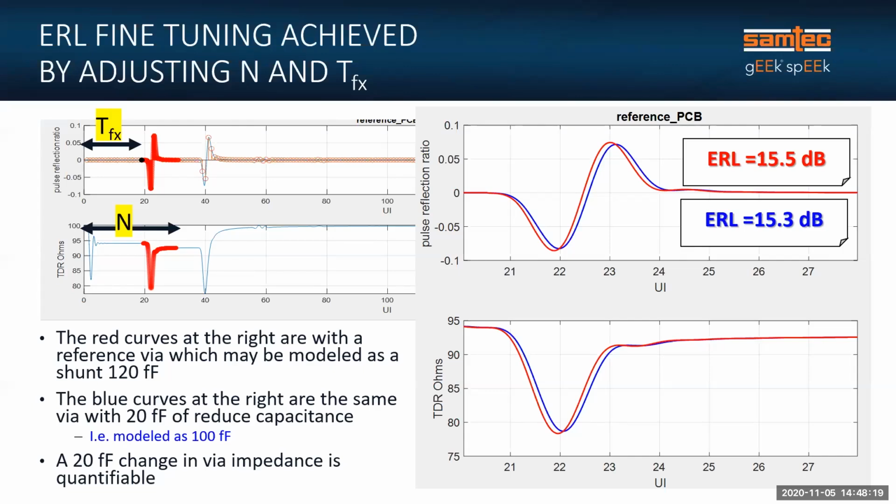So I can adjust TFX, and I could have looked at the other VIA at 40, but I just happened to look at the one at about 20. And I can choose N, and my N goes up to about 25 here. So I'm only looking at that. Now I can see the slight difference between 15.5 and 15.3 dB. Remember, lower is worse. Yeah. So moving forward, next.